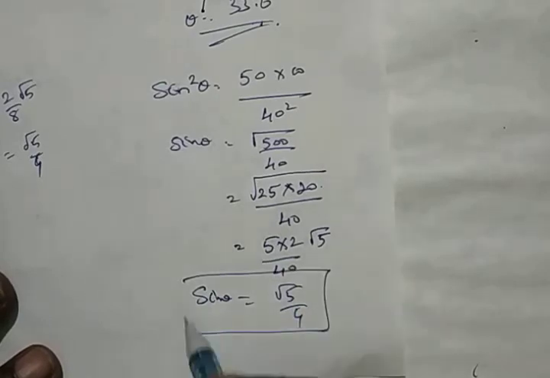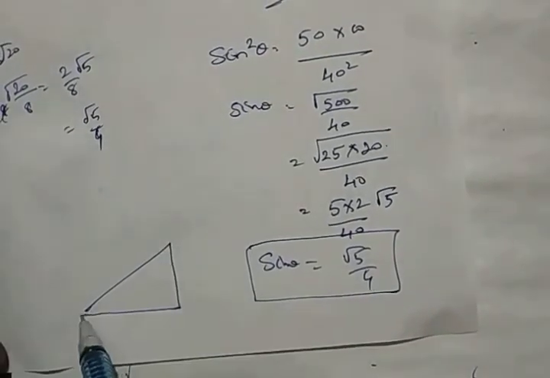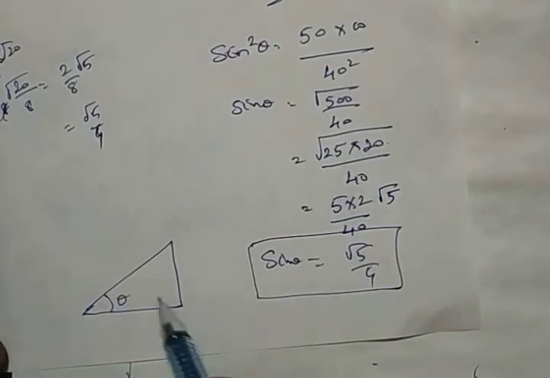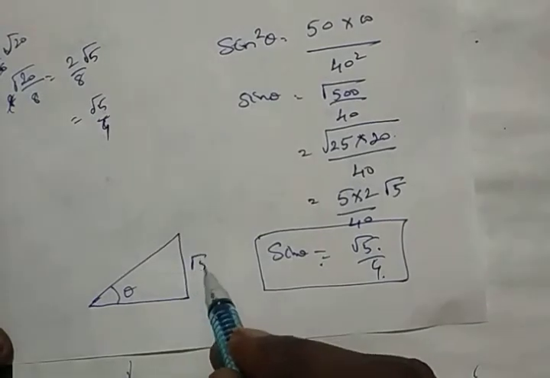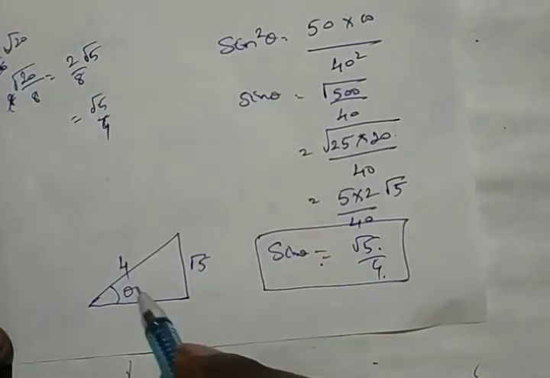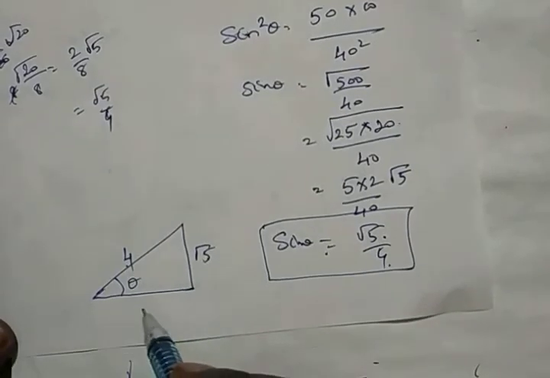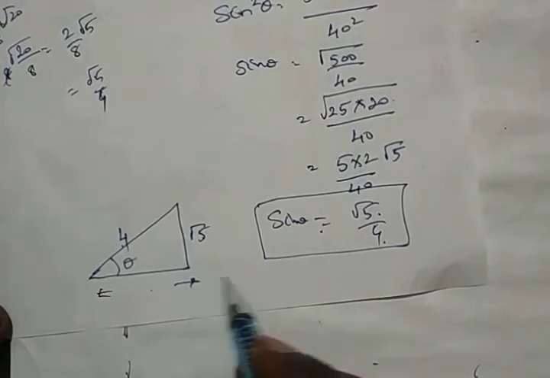This is something which is quite easy for you to see on a triangular basis. So what is sine theta? Perpendicular upon hypotenuse. Under root 5 upon hypotenuse, which is 4. If this is 4 and this is under root 5, what will this one be? You can find out using the Pythagoras theorem.